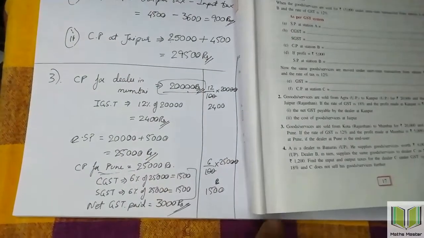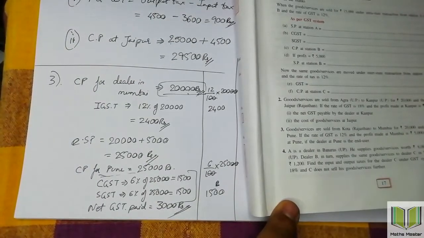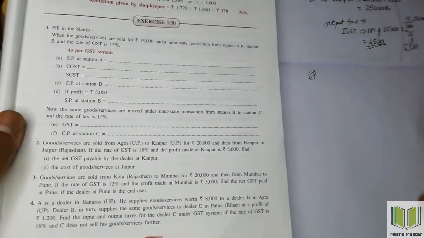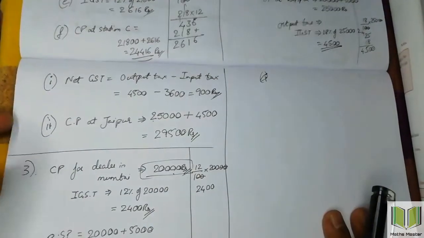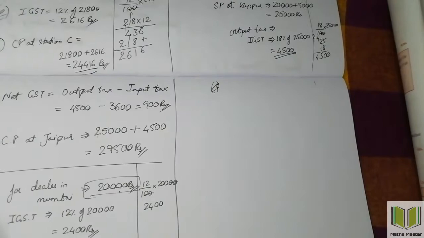But in this particular transaction, the person is not selling it to anyone, so there is no output tax, so he'll not be having any ITC schemes.